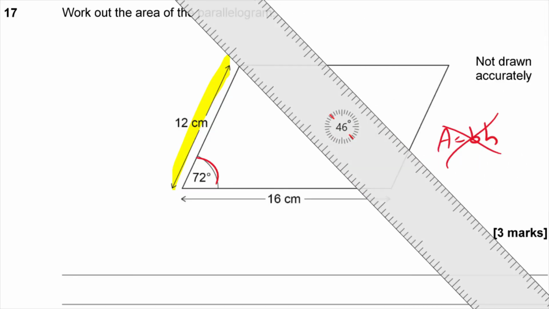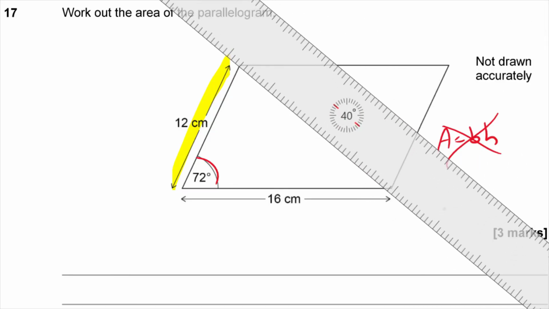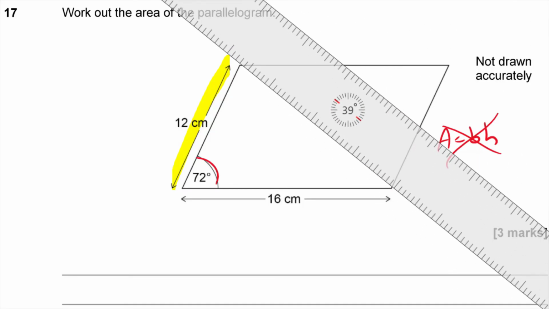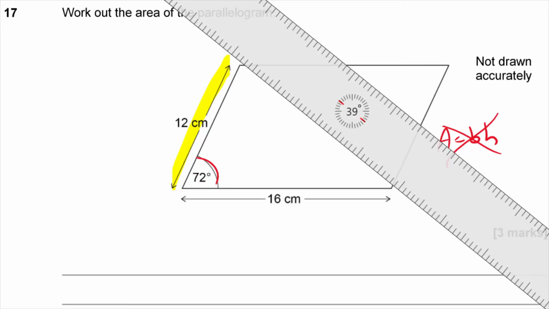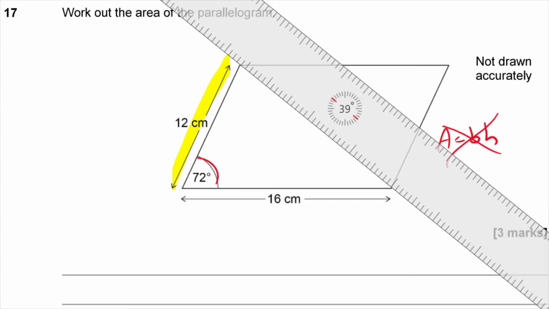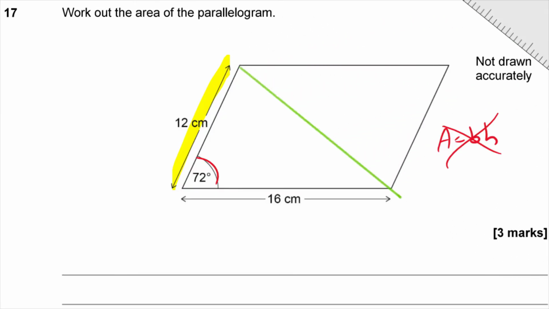I'm going to take my ruler and I'm going to divide this parallelogram into 2 triangles, like so. Now notice that because this is a parallelogram, then that is 16 and that is 12 and that is 72 then, because it's opposite angle in a parallelogram.